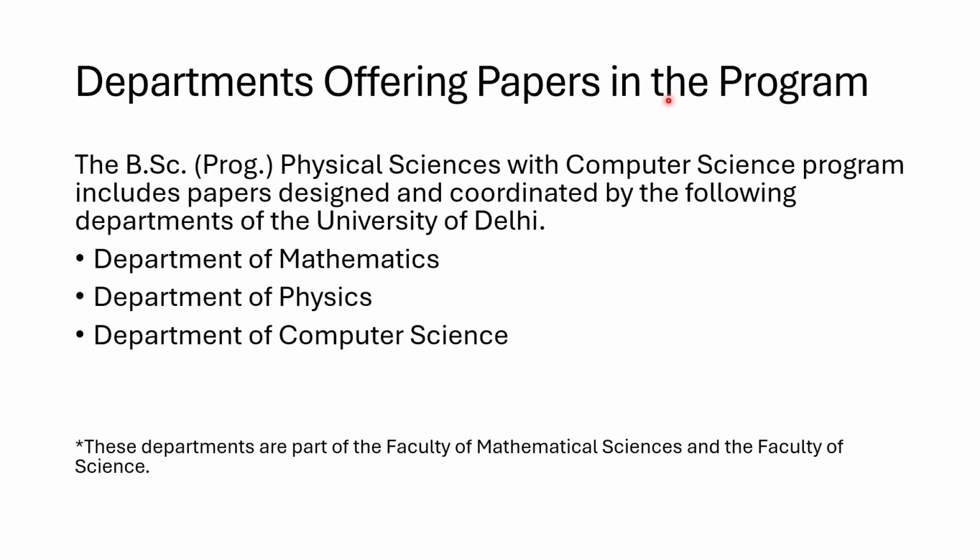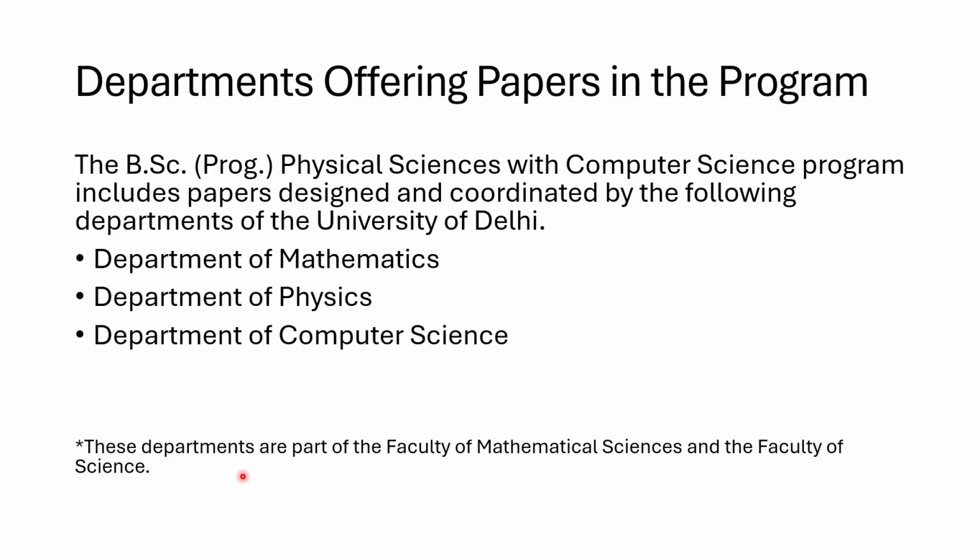Again, physical sciences is a combination of physics and mathematics, so these two departments are involved, with computer science, so the department of computer science, right? In one of the other videos we will also cover physical sciences with electronics, so there you have again physics, mathematics, electronics, you have a combination like that.